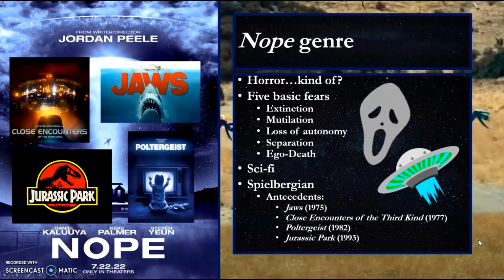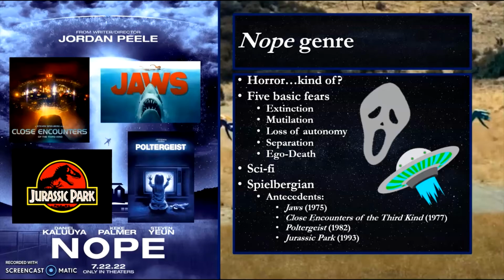The first step is to think about the genre of the movie, because as we've talked about in the past, genre can influence the message of a text. So it is horror, kind of, and it does have some scary scenes. Horror movies use our fears, obviously, in order to scare us.